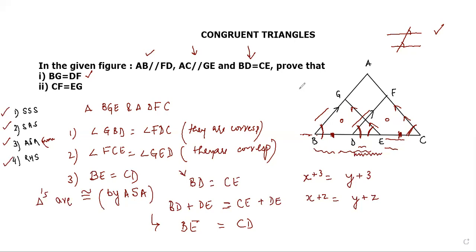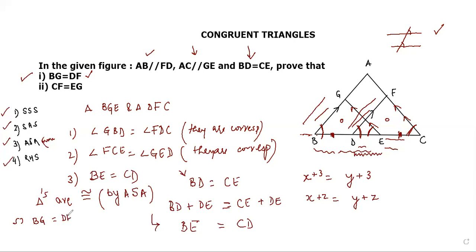Now, when the triangles are congruent, it means their corresponding sides and their corresponding angles are also equal. So now I can say that my first thing to prove, which was BG and DF, because they are part of the triangle, they are all equal. So BG is equal to DF.